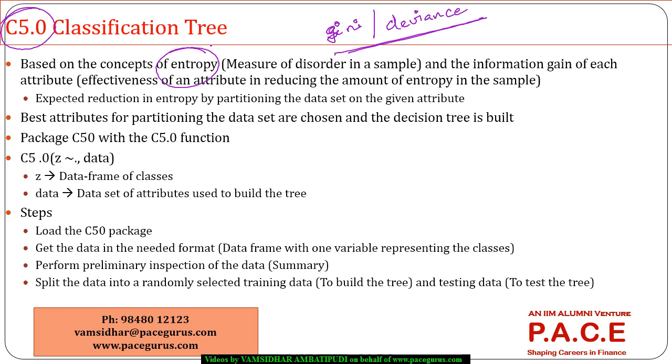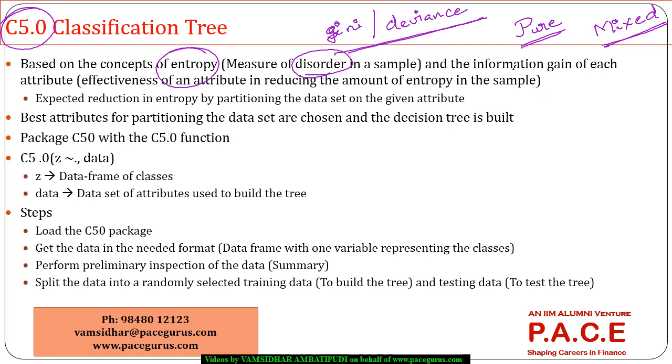Here it is based on the measure of entropy, which talks about the measure of disorder in the sample, to what extent the observations in the sample are pure, and to what extent the observations in a particular split they are mixed.